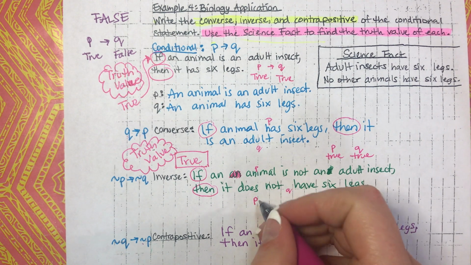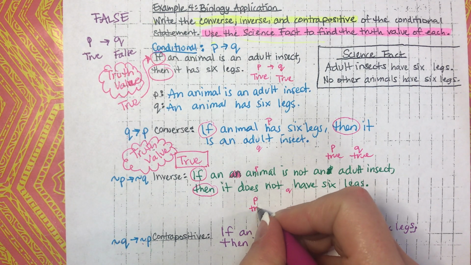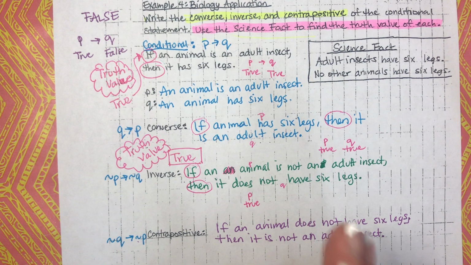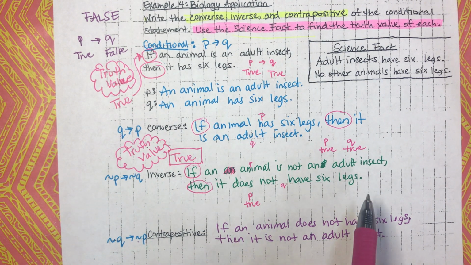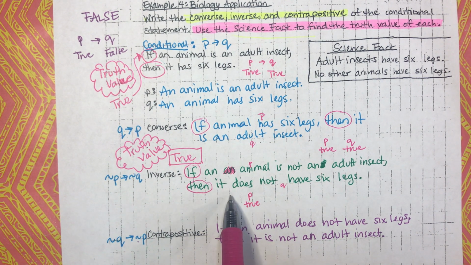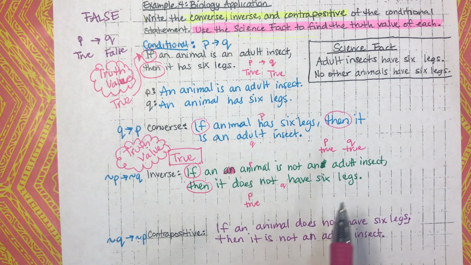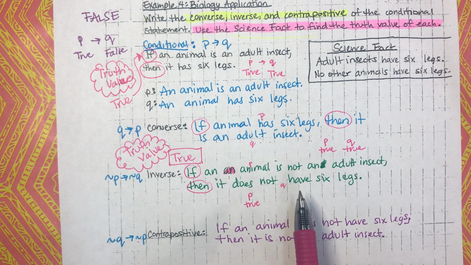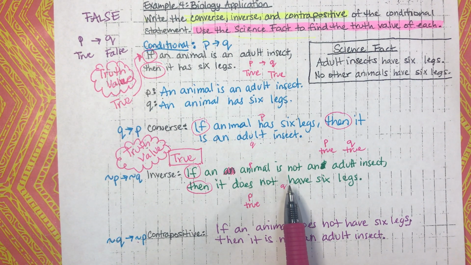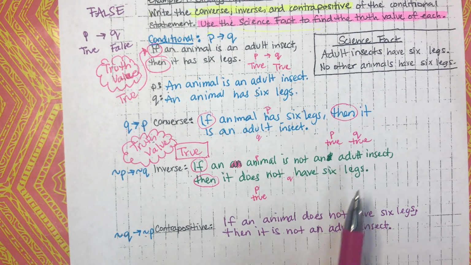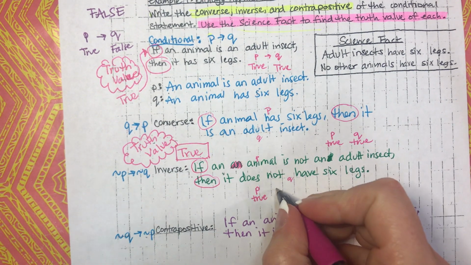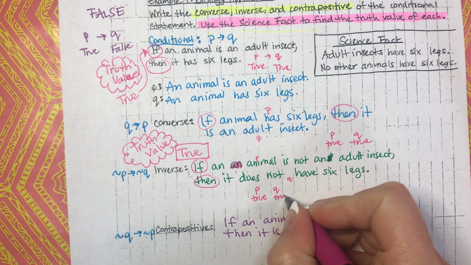So let's see, if that was true, okay, let's say I had a dog. That's an animal that's not an adult insect. Then an animal does not have 6 legs. Okay, so yeah, dogs don't have 6 legs. So if it was a dog, that would be true.